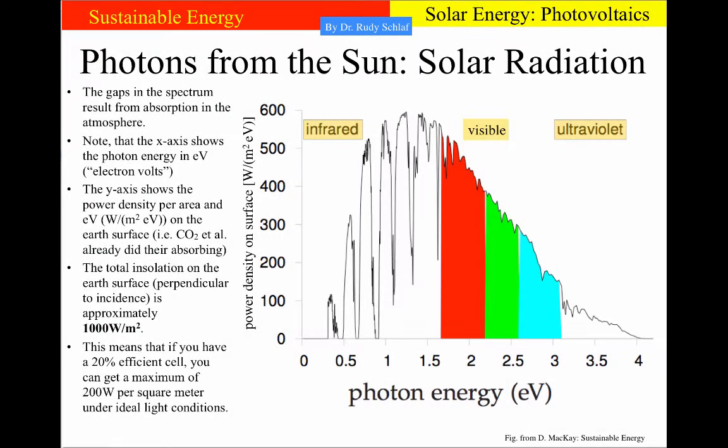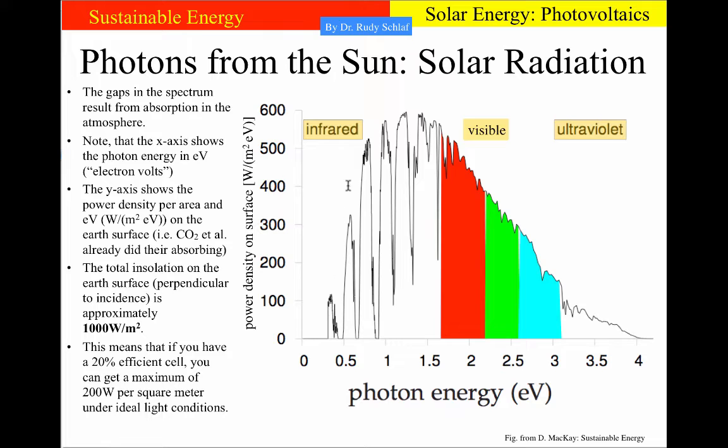The problem now is, of course, to match the photons that are coming from the sun with the best solar cell energy gap. This here shows the spectrum of light that is coming from the sun. The photon energy is shown in electron volts in this graph, and this here is the intensity, the power density on the surface per photon energy.